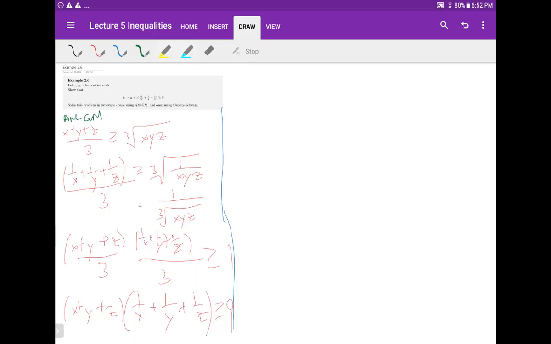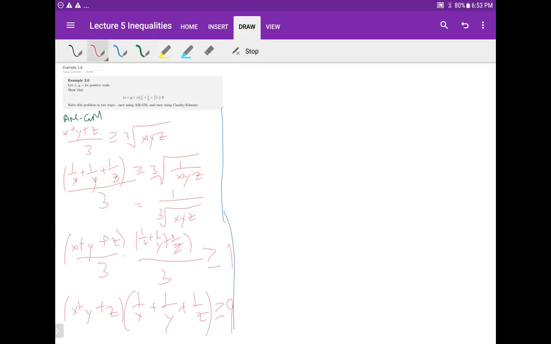Cauchy-Schwarz is even faster, actually, I would say. So let's write down what it would look like for 3 variables first, because Cauchy-Schwarz, I would say, is the most difficult inequality to understand.